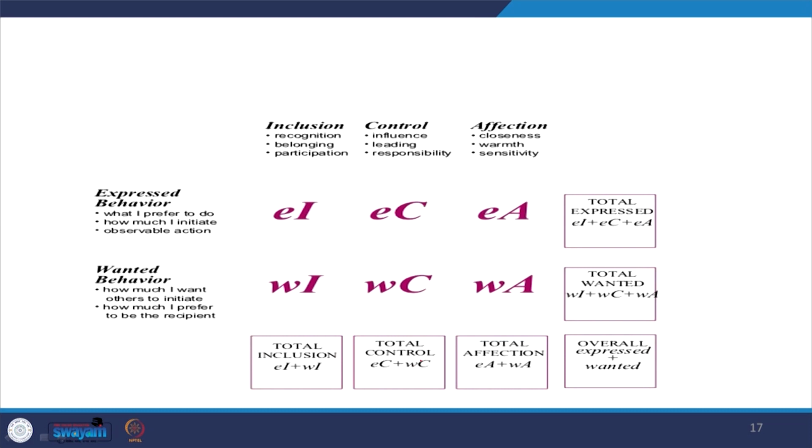And in affection also, it will be expressed affection and wanted affection, so the total affection will be EA plus WA. So, you can find out what your orientation is. Either your orientation is total expressed orientation or total wanted orientation, or whether the inclusion orientation is more, or the control orientation is more, or the affection orientation is more.